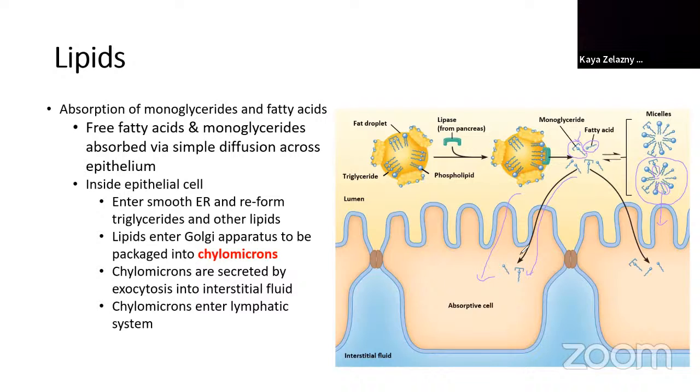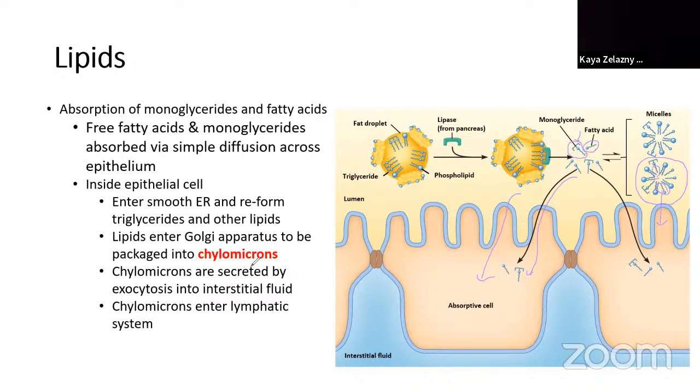They're going to rebuild triglycerides. So they've had to come through the membrane in these smaller forms, but then we build them back up into their original structures and maybe into some other lipids in the ER. They're then going to get moved into the Golgi apparatus, which is going to repackage them again into these structures called chylomicrons.